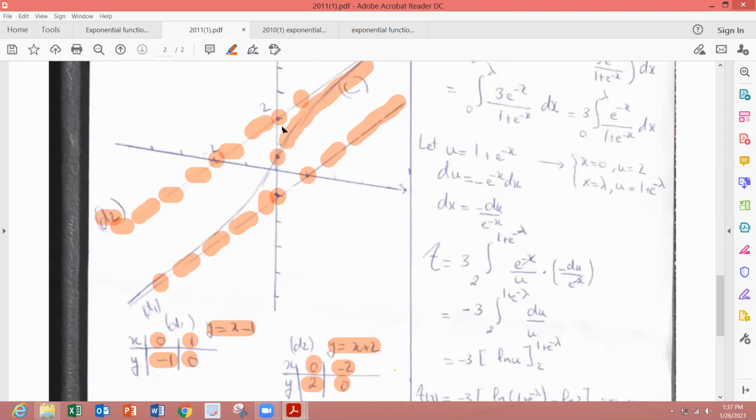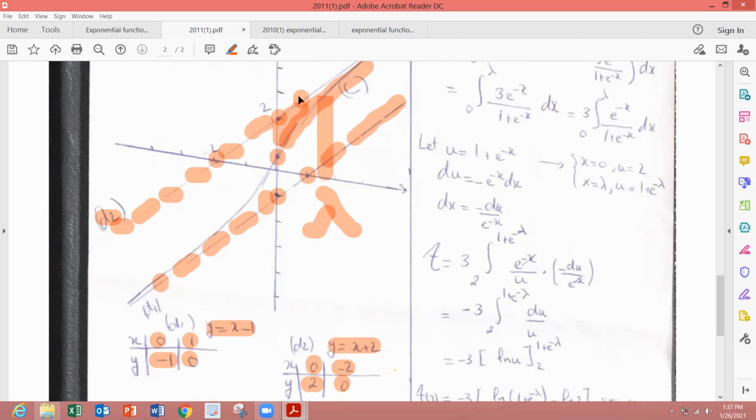So this is the area above here. This is x equals lambda, any value greater than 0. This is lambda. Lambda is greater than 0.